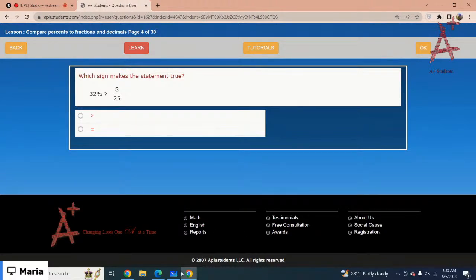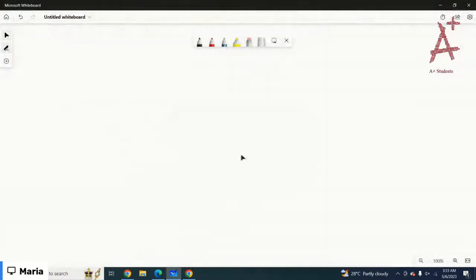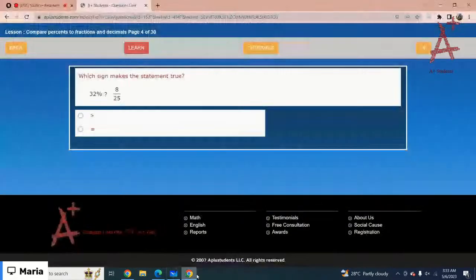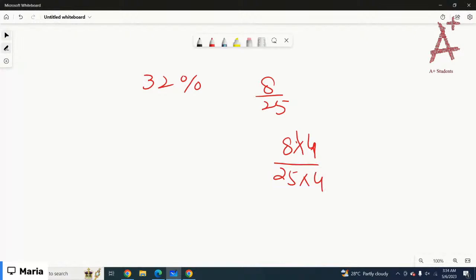Okay, the next one is 32% and 8 over 25. Let's just convert 8 over 25 to percentage. You have to multiply both numerator and denominator by 4 because you need to make the denominator equal to 100.